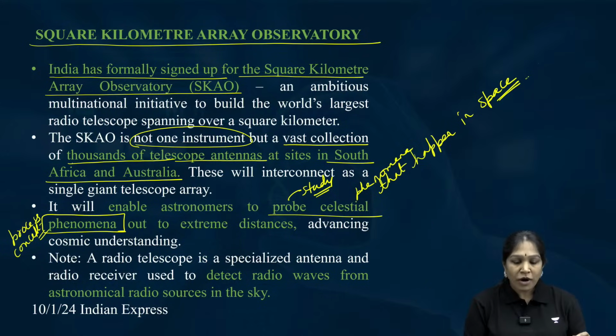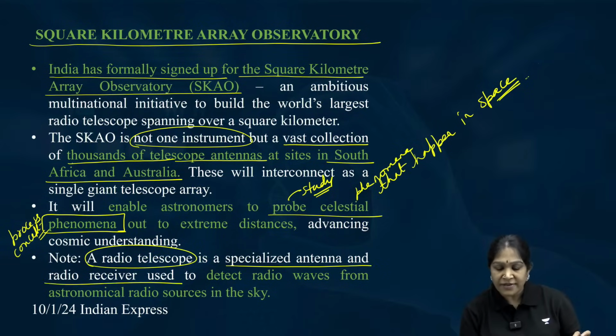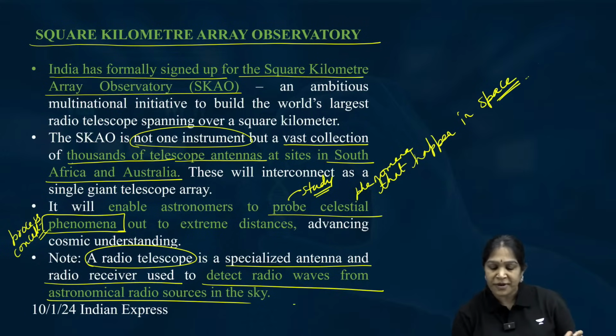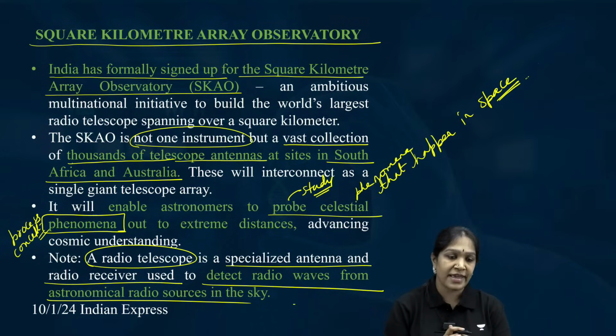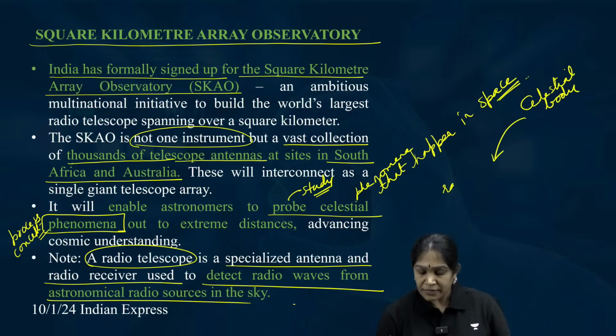And what do you mean by a radio telescope? It is a specialized antenna and a radio receiver used to detect radio waves from celestial bodies. It will receive radio waves. For example, look here. There is a celestial body and it is releasing radio waves.